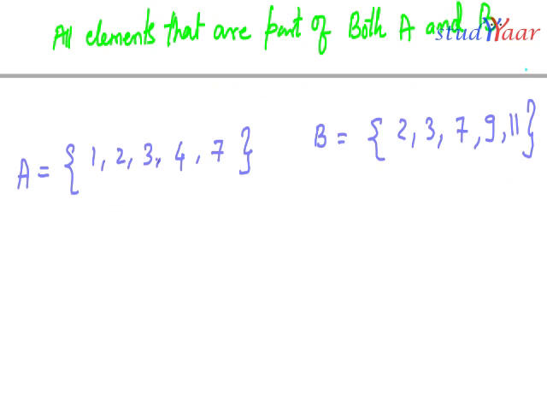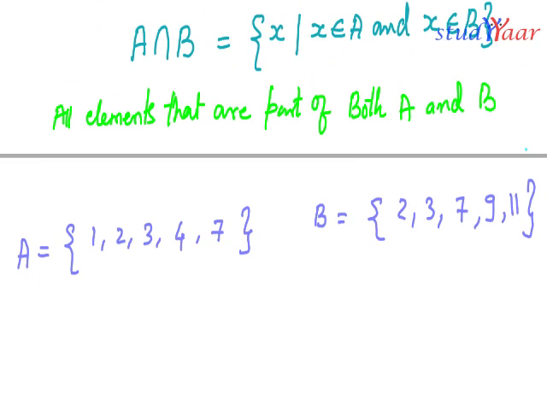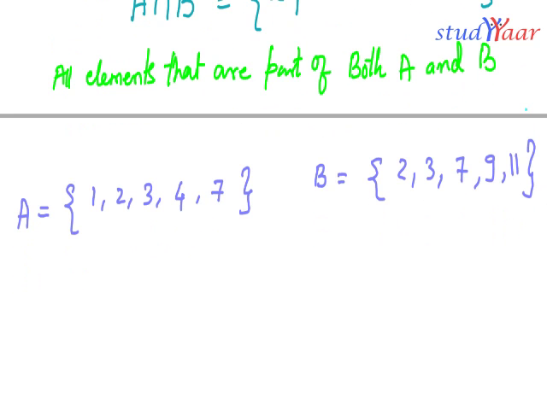So I have A and B like this. Now I want to find out what is A intersection B. How have I defined A intersection B? I say it contains all elements which are present in both A and B. So let us find those elements.